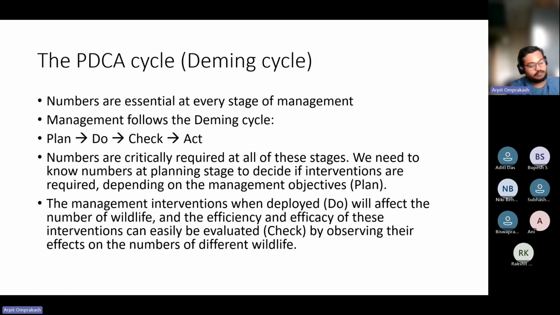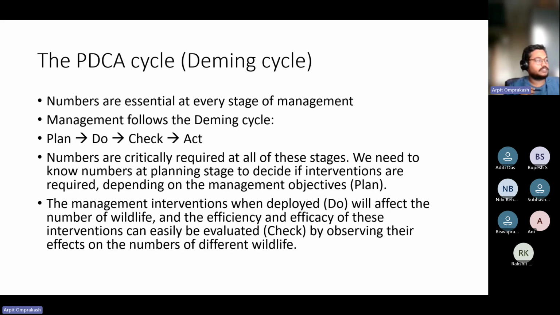The other thing that we need to understand is the PDCA cycle, or the Deming cycle, which tells us how we can plan our programs to manage populations and other things. We have these 4 steps.